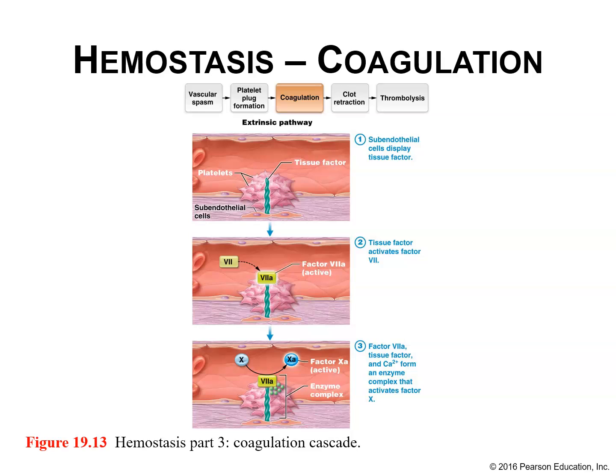And then factor 7A, tissue factor, and calcium form this enzyme complex that further activates factor 10 to 10A. And that's what we refer to as the extrinsic pathway because it occurs with exposure to these subendothelial cells displaying tissue factor, which is out in your tissue, not inside the blood. So it's called the extrinsic pathway.